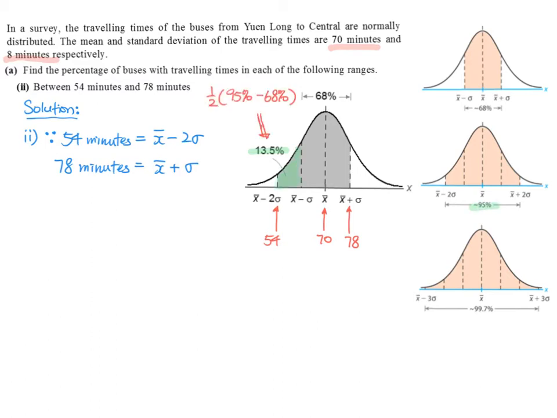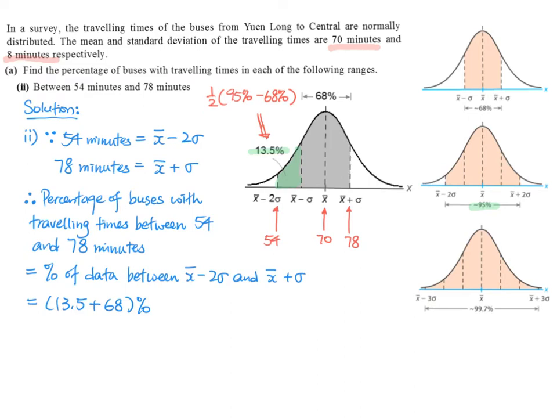We could do that by subtracting 68, which is the middle 2 portions, from the 95 here, right? So that gives us this part and this part. But because they're symmetric, we divide it by 2. So that's how we got 13.5. And so the percentage would be this portion plus the 2 portions here, which is 68. And the answer would be 81.5%.